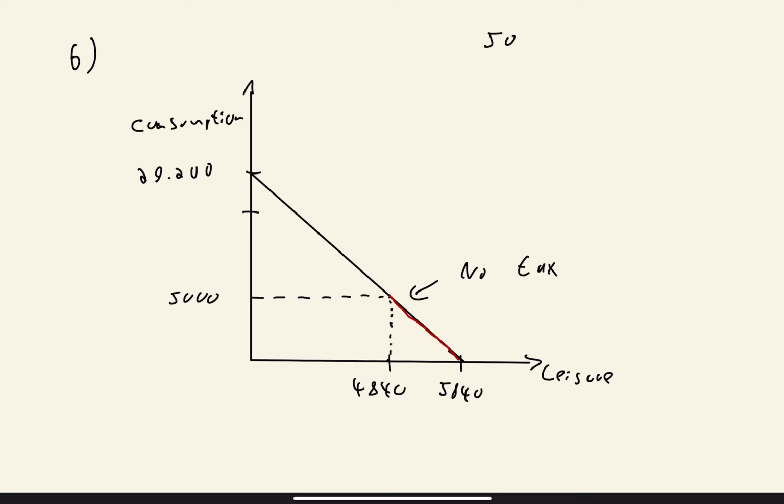It's given by $5,000, the first $5,000 on which we do not pay taxes, plus the remaining amount that we can earn: $29,200, which is without taxes, minus $5,000, multiplied by 0.75, because that's the net income we have for all income above $5,000. If you calculate this, you get 23,150.